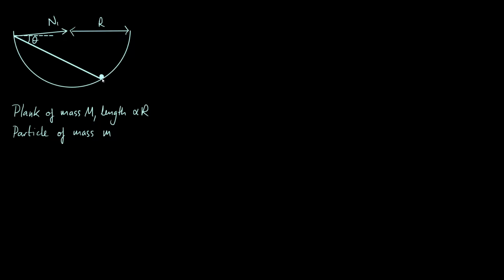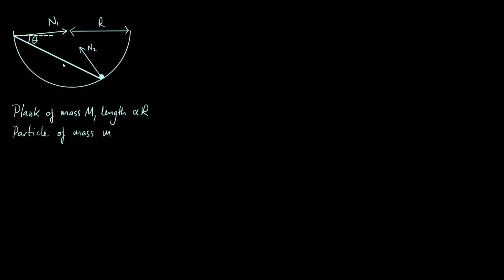And then at the other point of contact over here, we're going to have another force. This is also going to act along the radial line, because it's normal to the surface of the hemisphere at that point, and let's call that N2. So those are the two normal reactions at either end. And the only other forces that we're going to have are two weight forces.